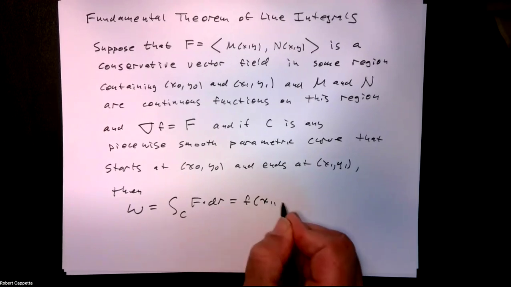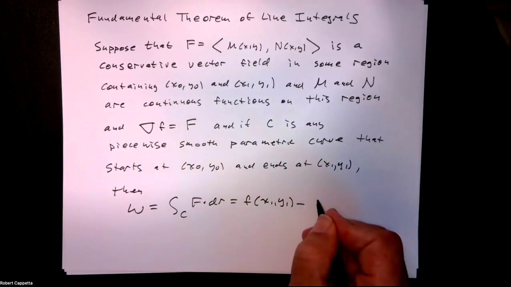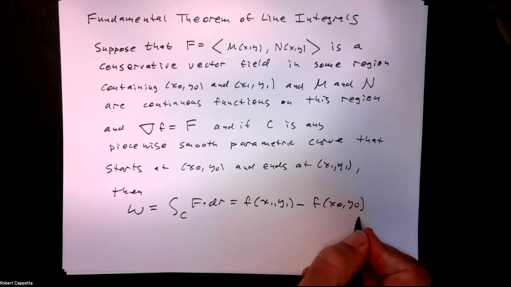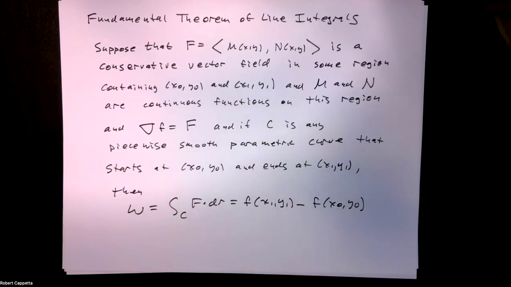The ending point is x1, y1. The starting point is x0, y0. So that is a formal statement of the fundamental theorem of line integrals. Short form is if you have a conservative vector field, find the potential function, evaluate at the endpoints, and subtract.